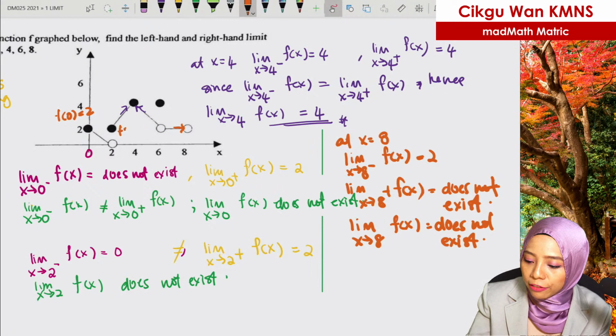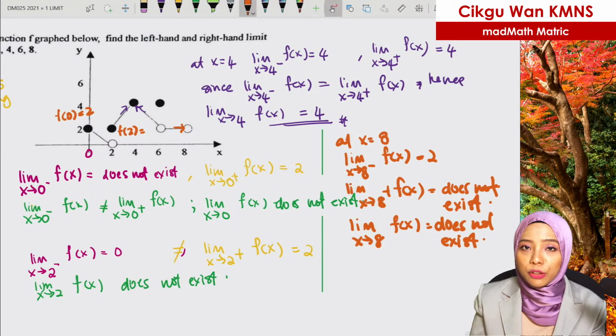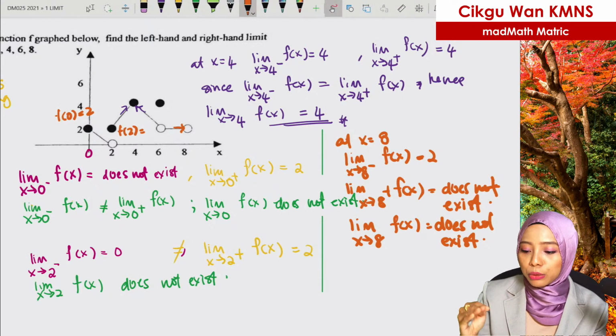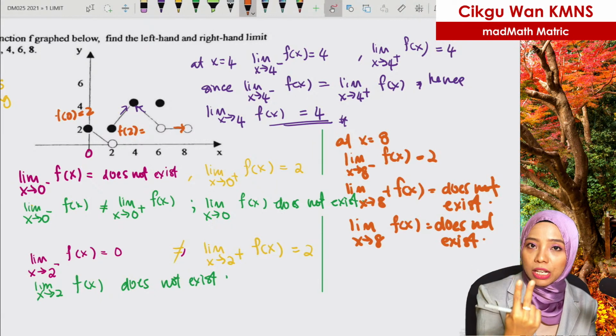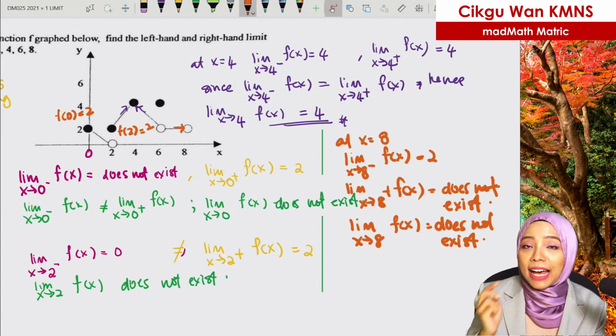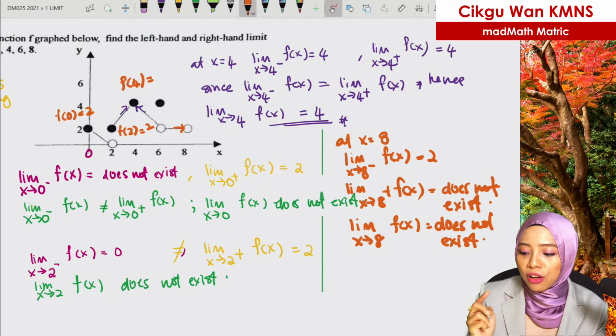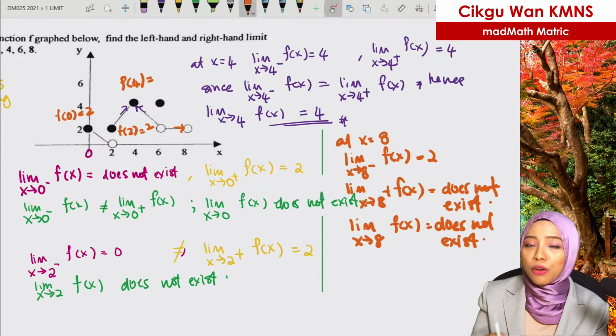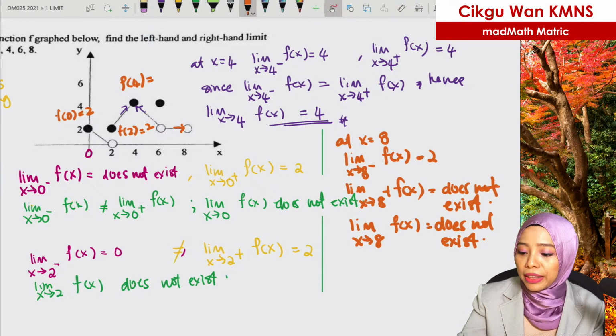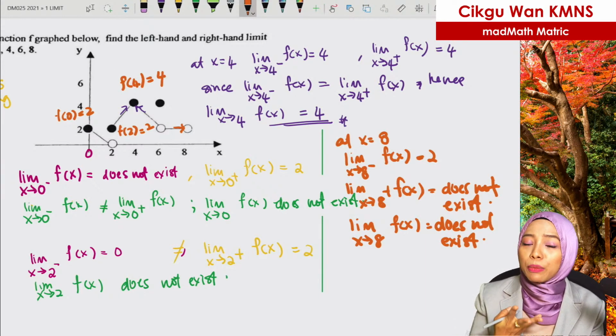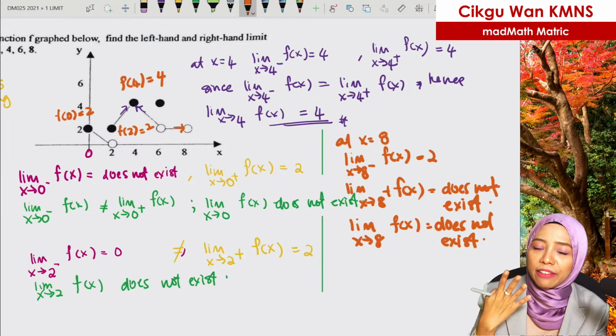When f(2), when x equals 2, it gives you y value 2. And how about f(4)? When x equals 4, y equals 4 as well. So this is what we call defined. We can tell the values.